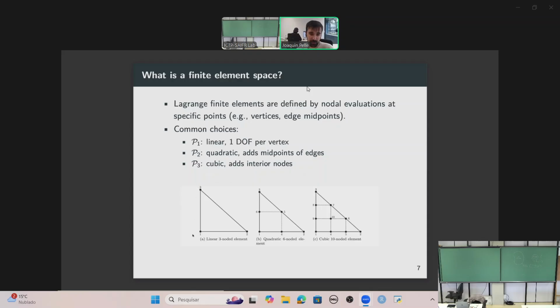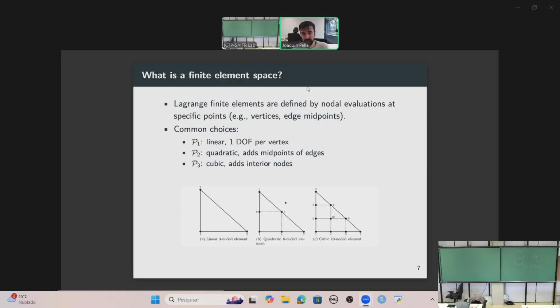And as we know, any linear polynomial in 2D is completely determined by the values that it takes on 3 independent points, right? So essentially, by evaluating a linear polynomial in these 3 points, I know completely which polynomial I'm talking about. So it's completely determined by these evaluation functionals, right?